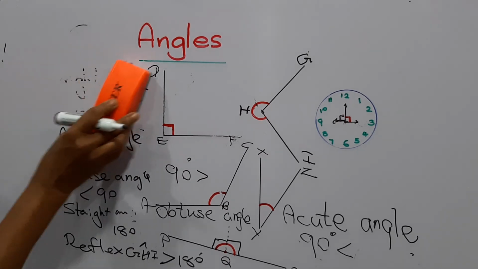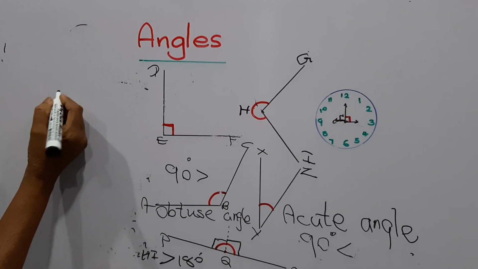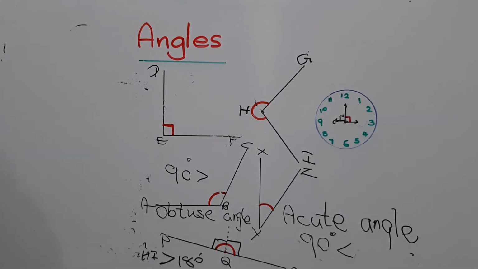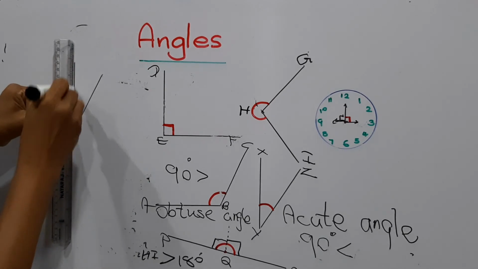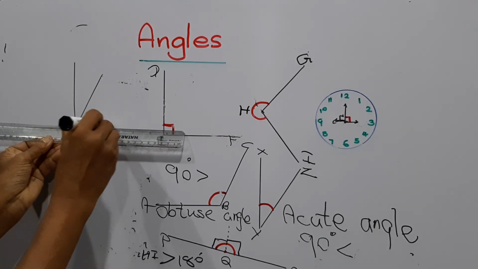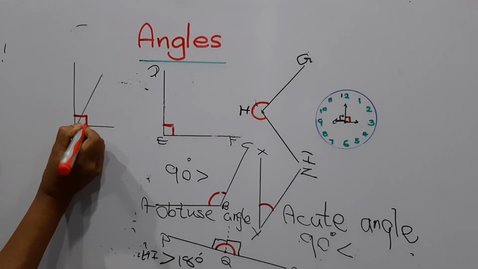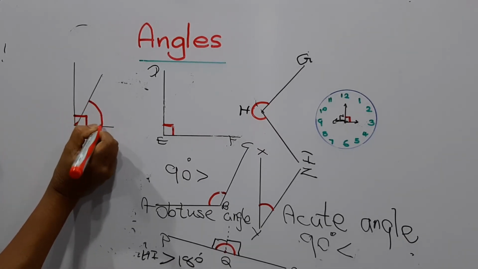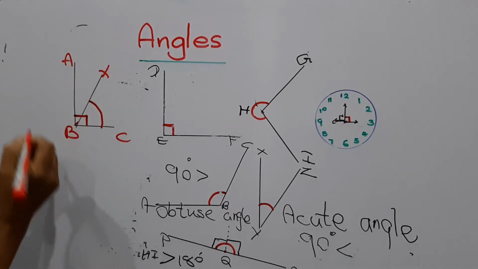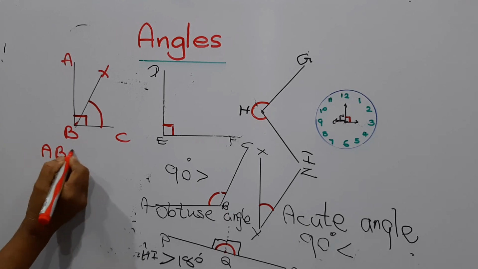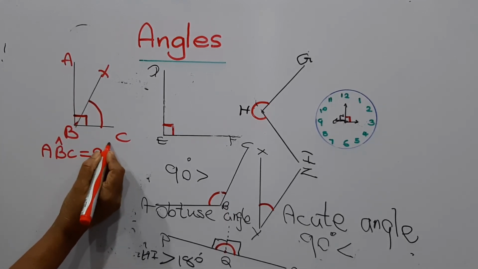I will explain one more thing. I will draw, see, think about this: this is a right angle, and we'll name this A, B, C, X. We know ABC angle is a right angle, that is 90 degrees.